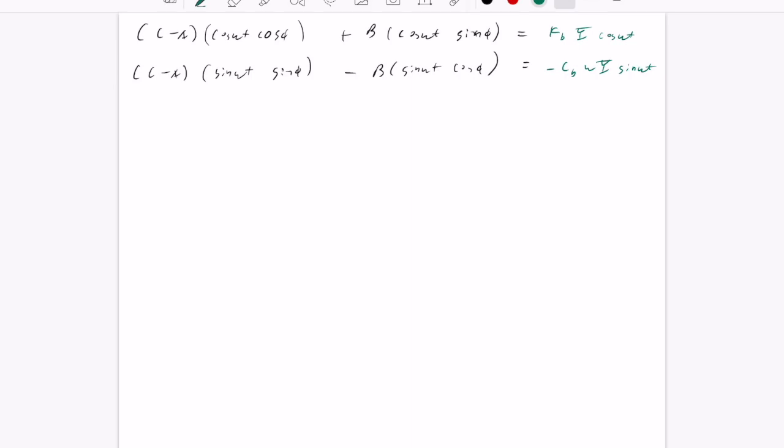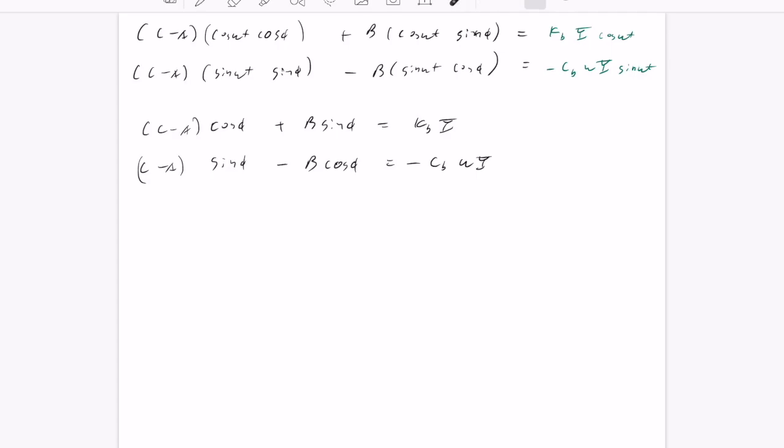Okay, and that simplifies down to, wrong color, C minus A times cosine phi plus B sine phi is equal to KB y, and then C minus A sine phi minus B cosine phi is equal to negative CB omega y, okay?